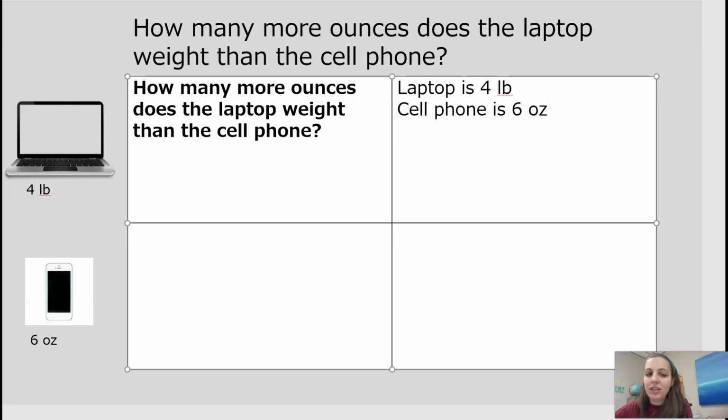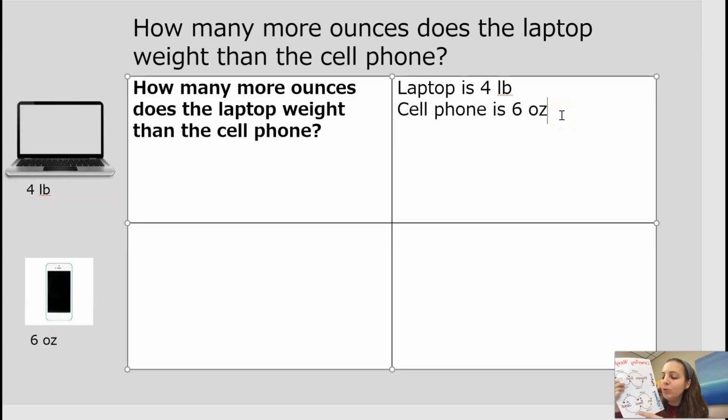I'm gonna make a decision. Let's see. If I have 4 pounds and I want to convert 4 pounds into ounces, the number will be 4 times 16. Okay, that's a big number.